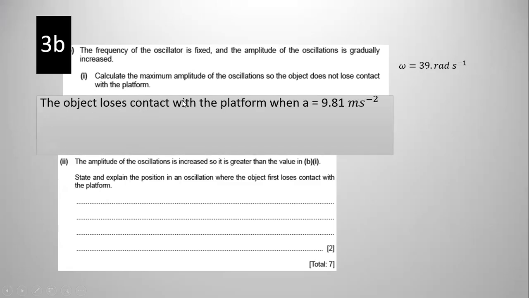The object loses contact with the platform when the acceleration is just equal to 9.81. So put it as 9.81. x equals, don't worry about the negative sign, it shows the direction only. Omega squared is there. So it's 6.4 times 10 to the power minus 3 meter.